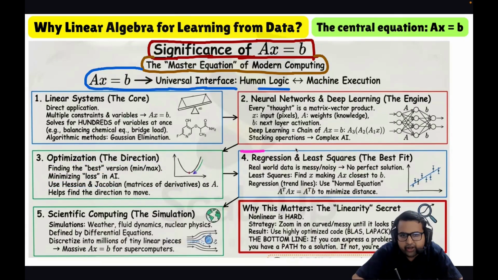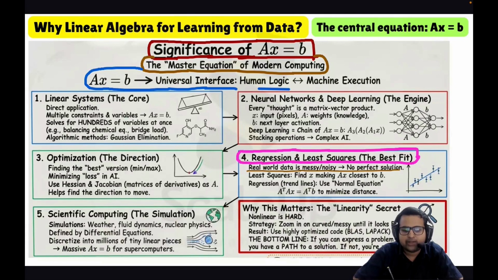In regression and least squares, the central equation Ax = B helps us give the best fit. In the real world, Ax = B usually has no perfect solution because the data is messy and noisy. Rather, we go for the best fit.